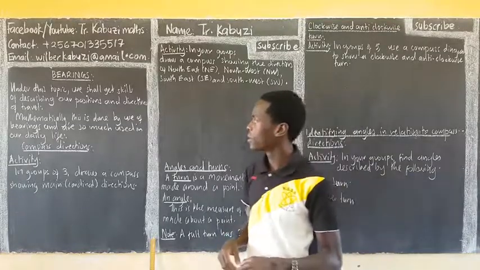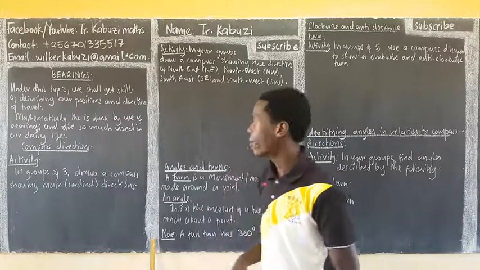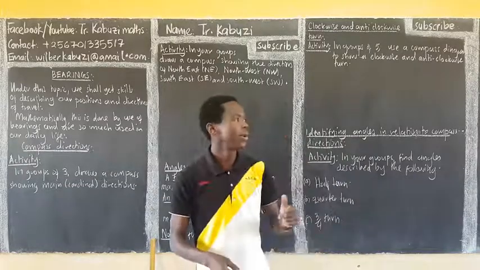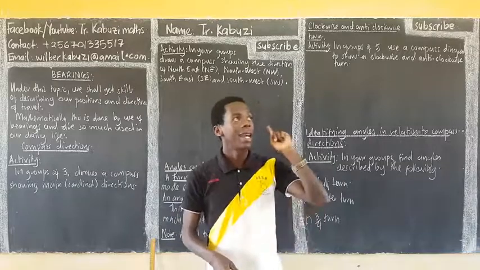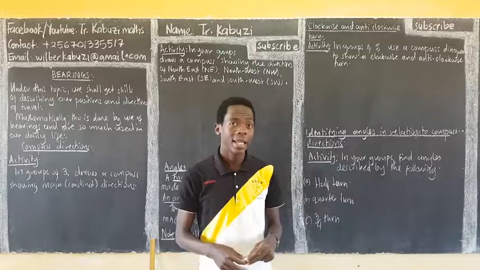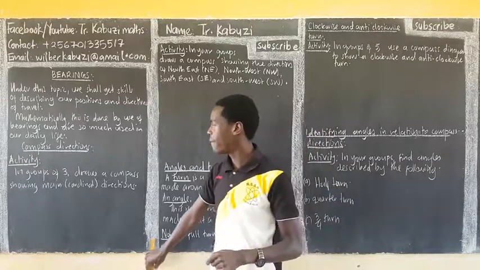If you know the directions, it's very easy for you to describe where you are or where you are going. So first of all, you need to know the compass directions, because whether you are sailing or up there in the sky, you need to know how to use the compass. I think you have at least some ideas.